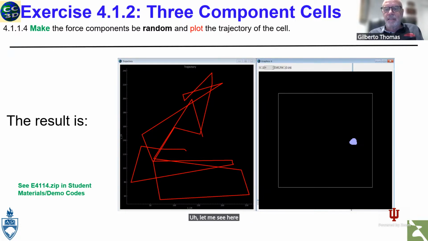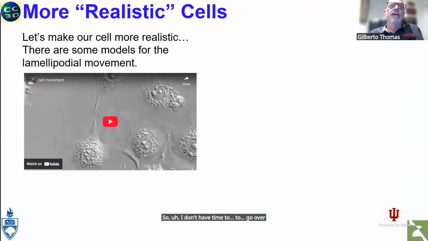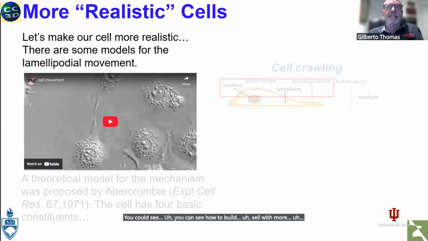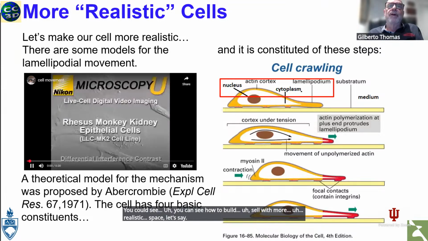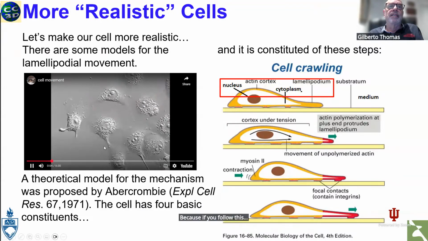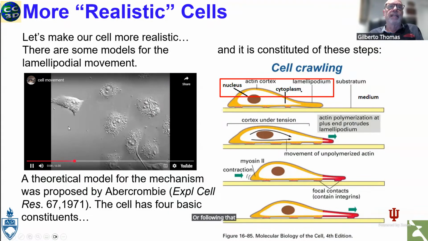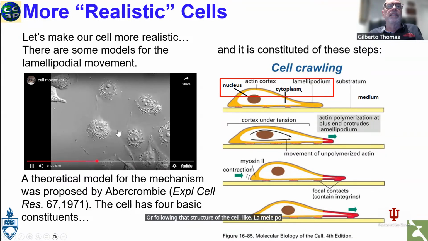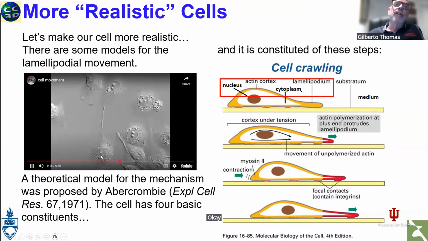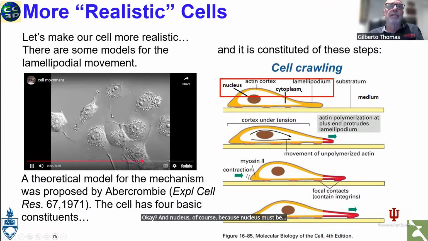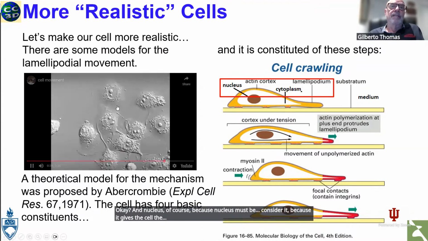I don't have time to go over realistic cells, but if you go to the slide deck in the demo in the student materials, you can see how to build a cell with a more realistic shape, following this model, the structure of the cell like lamellipodium, body and tail, and nucleus, of course, because the nucleus must be considered since it gives the cell its volume.